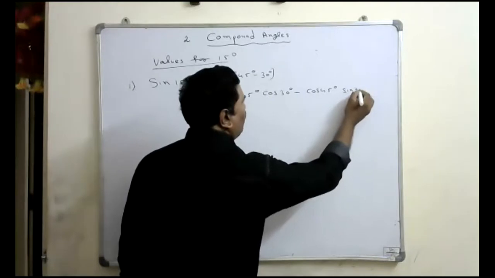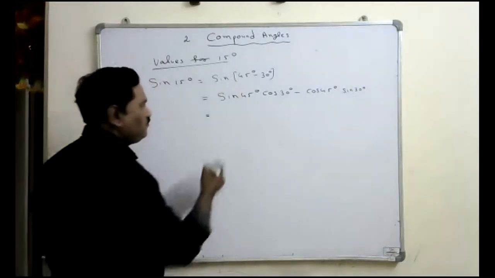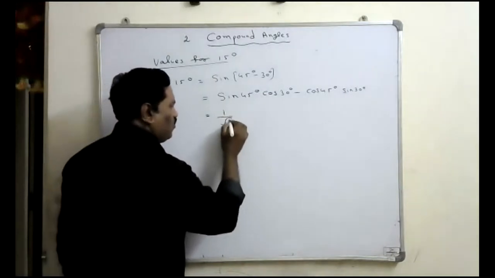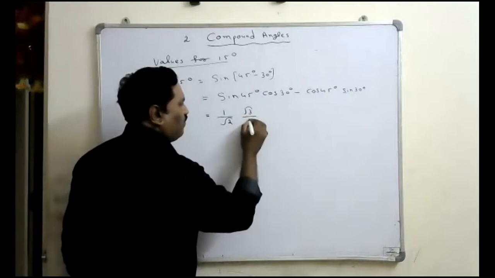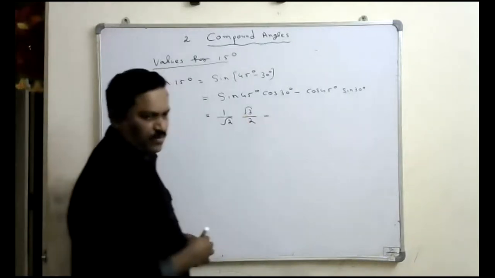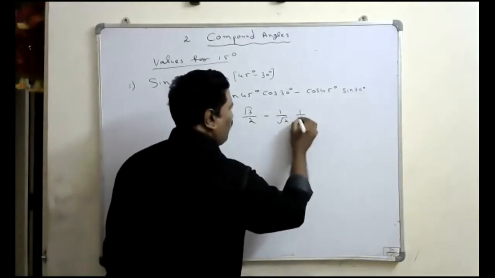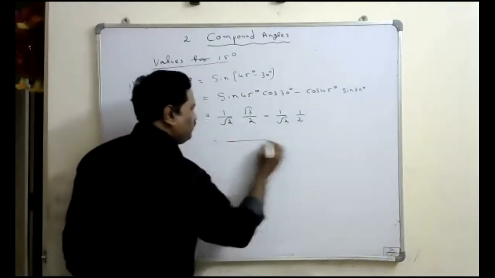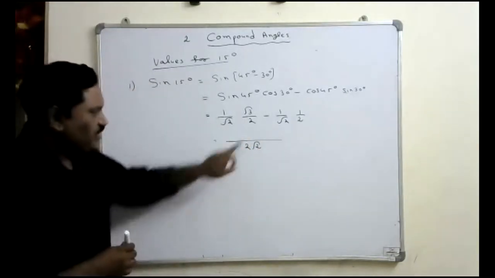Now we know the values. Sine 45 is 1 by root 2, cos 30 is root 3 by 2, minus cos 45 which is 1 by root 2, sin 30 which is 1 by 2. What is the LCM here? The LCM is 2 into root 2.